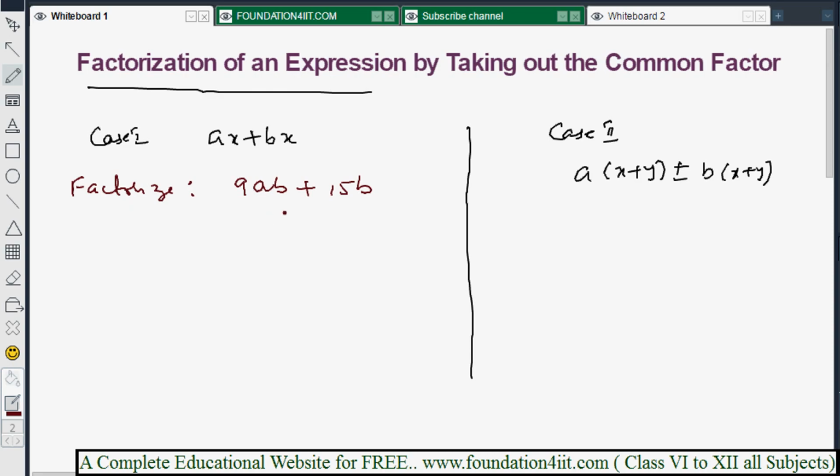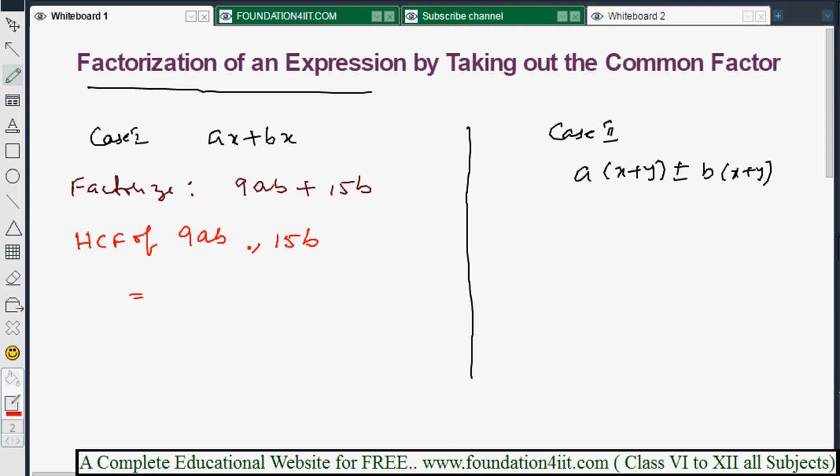Now for 9ab, 15b, you need to find the HCF first. We already learned how to find the HCF. You take the terms separately and find the HCF. That is, numericals 9, 15.